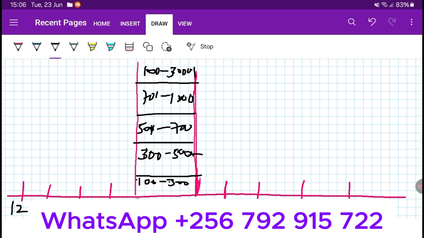Then we start plotting. But remember we said here we skip one line. So we are plotting those who were earning. Of course here we have not named.